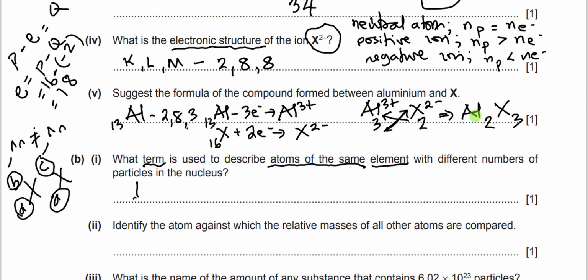So the answer is isotopes, and not isotopy. But if we ask for the phenomenon exhibited by atoms of the same element with different numbers of particles in the nucleus, the answer would be isotopy. But since the question says term used to describe the atoms of the same element with different numbers of particles in the nucleus, it is isotopes.